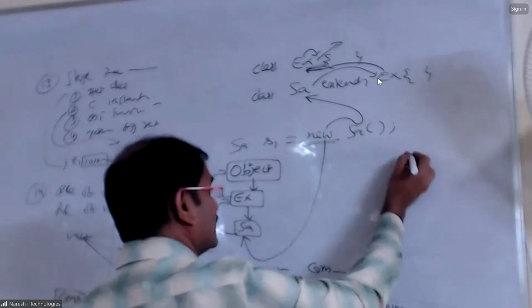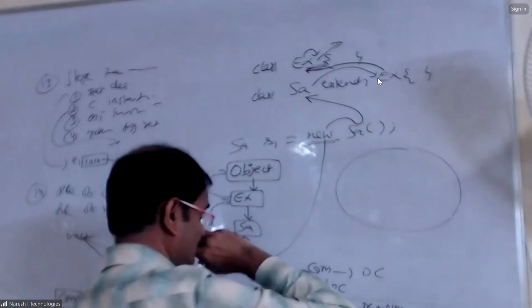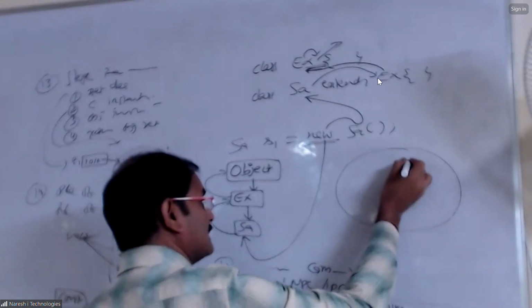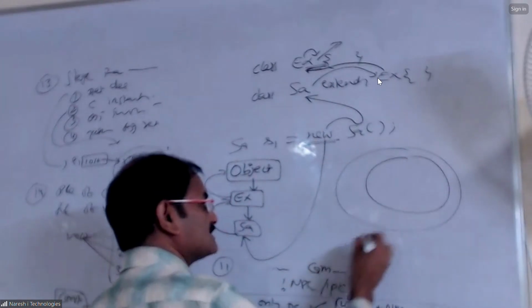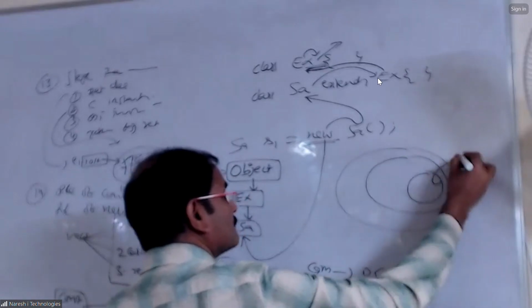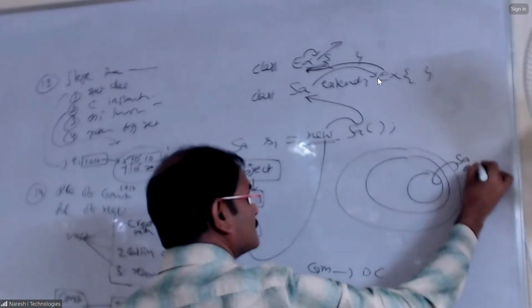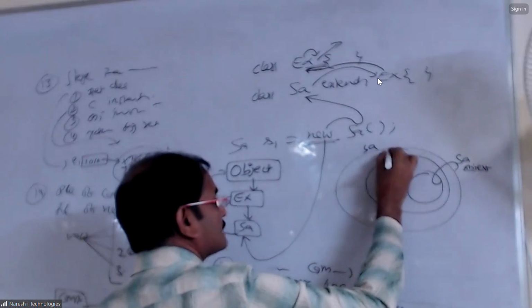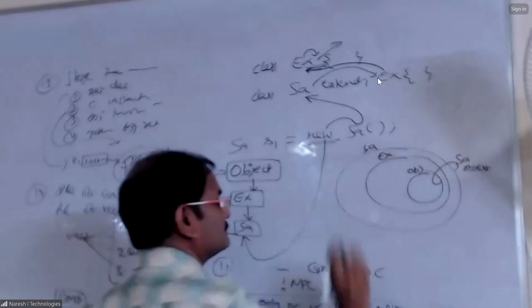Then it creates the Sample class object not with only Sample class members memory, but Sample class members memory plus Example class members memory plus Object class. All these three members' memory together is called the Sample class object.